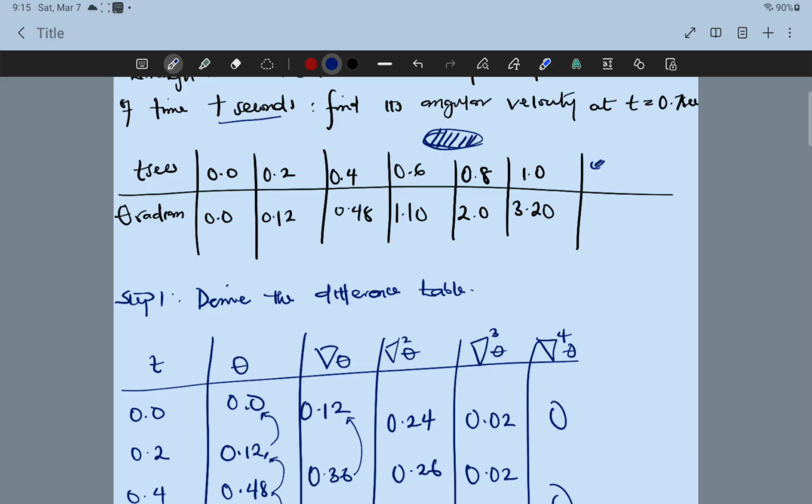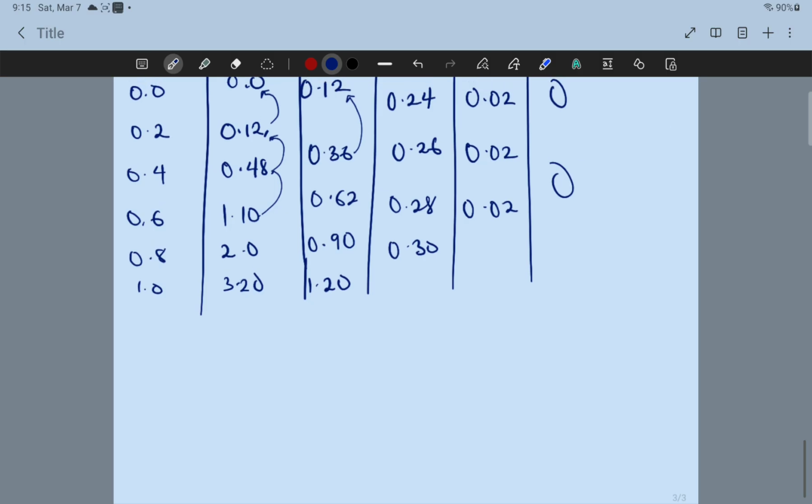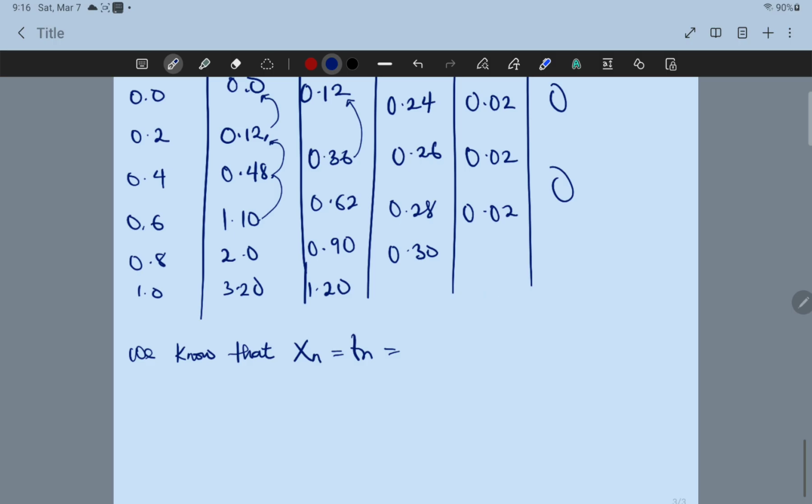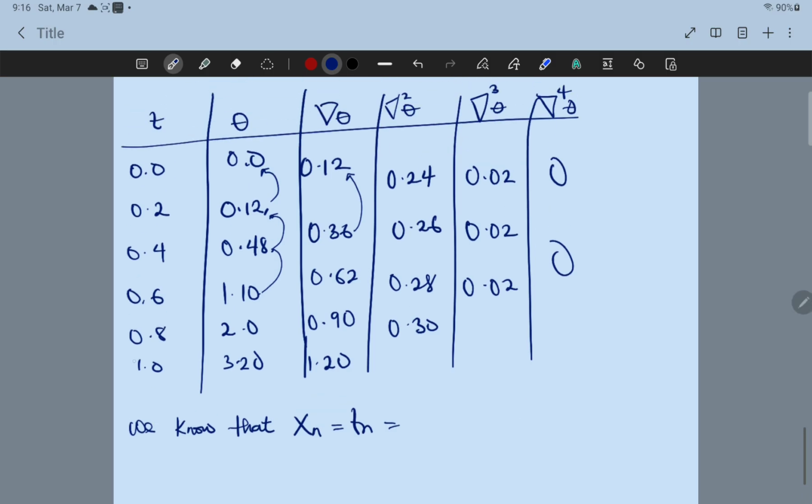So what is the next thing to do? We know that xn is equal to t of n. The t of n we are looking for is the last man standing here.